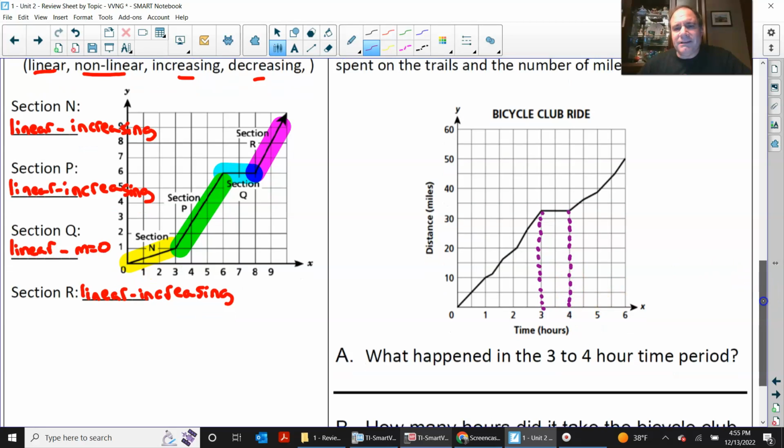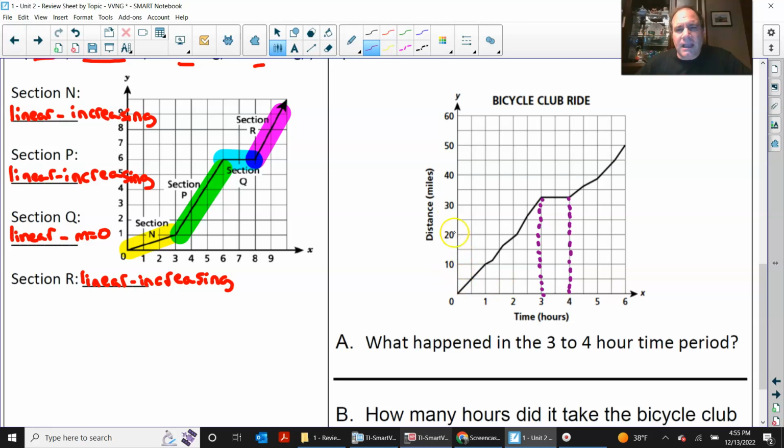So at that point, you have to take a look at the side here, what the Y is standing for, like what it says. All right, it says distance in miles. So if there is no distance being covered and time is going by, they probably stop for lunch right about here. So in between 30 and 35, so probably around 32 miles, they stopped and they took a break. They took an hour break. So they probably ate lunch.